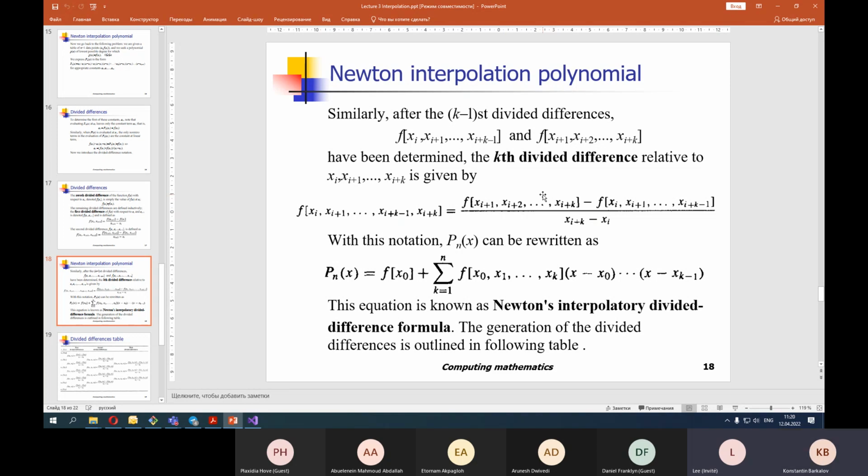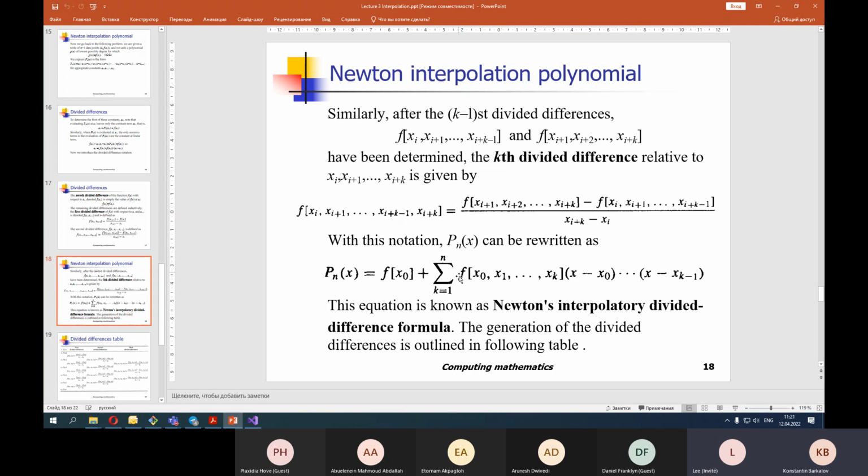And with this notation, the Newton interpolating polynomial can be written as Pn of x equals f[x0], the zeroth divided difference at the point x0, plus the sum of terms: the divided difference of degree 1 times x minus x0, plus the divided difference of degree 2 times x minus x0 times x minus x1, and so on.